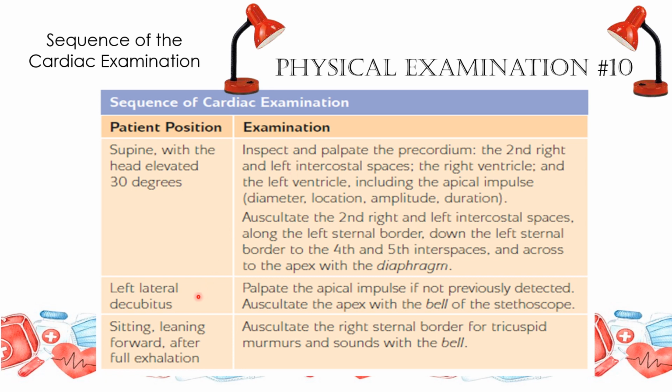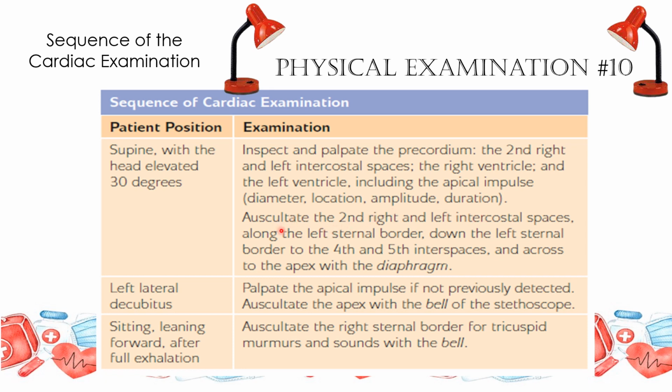For example, for the supine position with the head elevated 30 degrees, you have to inspect and palpate the precordium: the second right and left intercostal spaces, the right ventricle and the left ventricle, including the apical impulse, particularly the diameter, location, amplitude, and duration.